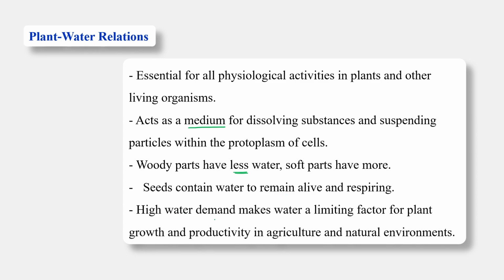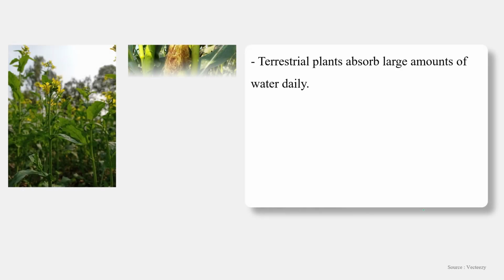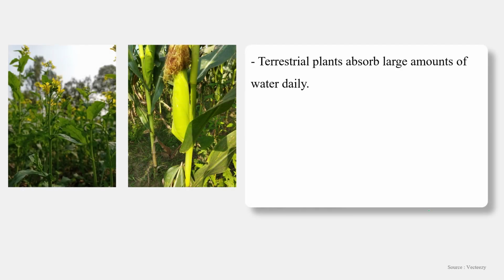So high water demand makes water a limiting factor for plant growth and productivity in agriculture and natural environment. As you know, terrestrial plants absorb large amounts of water daily, as most of the water is lost through transpiration.